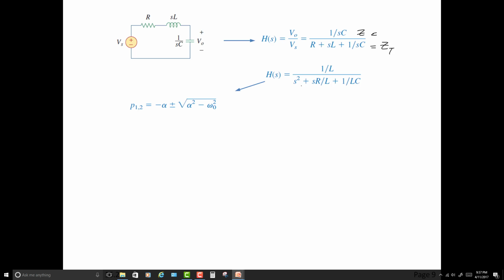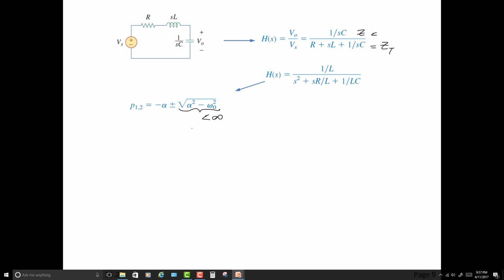We've gone through these equations before. We find that the poles lie at something of this type, minus alpha plus and minus the square root of alpha squared minus omega squared. Okay, now the thing you notice here is what? This value is always less than alpha.